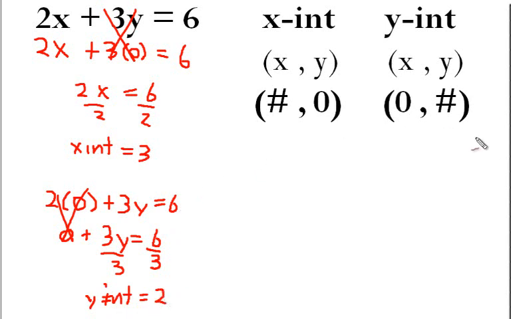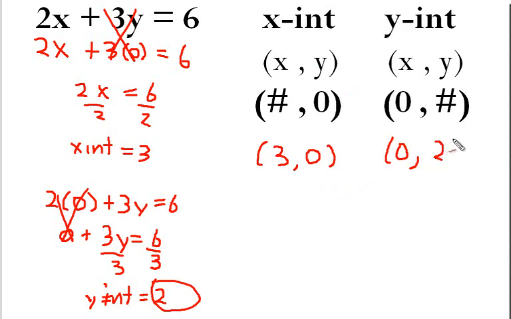Alright, so now it wants us to graph this. We know our x-intercept is 3, so it's at the point 3, 0. Our y-intercept is at the point 0, 2. So now to graph this, we just plot these 2 points.